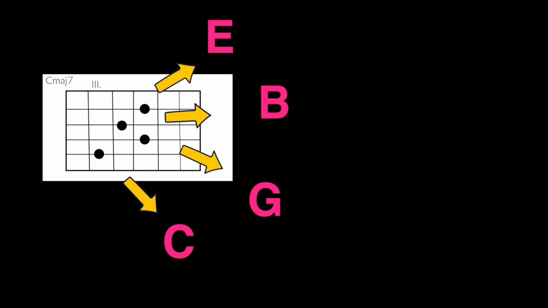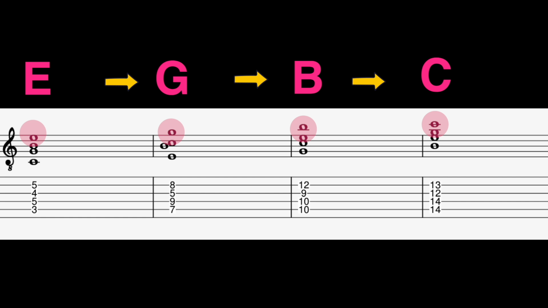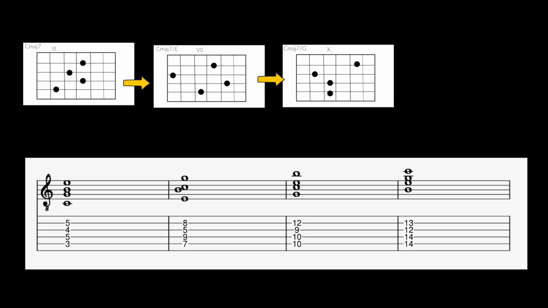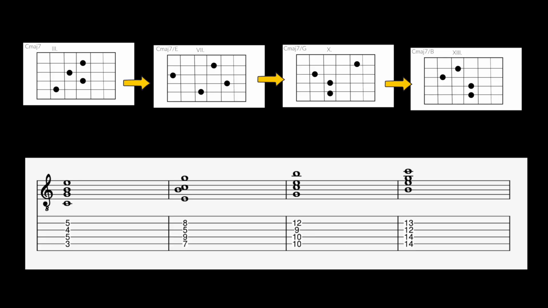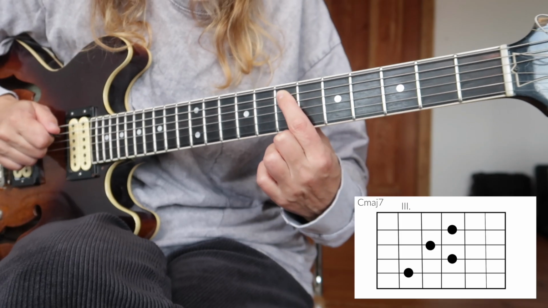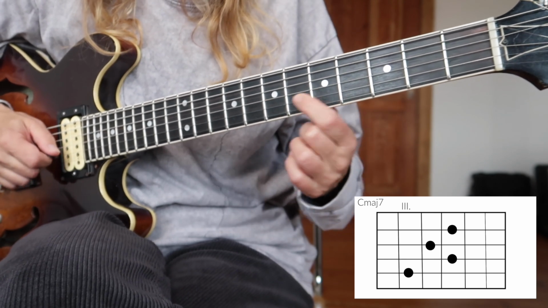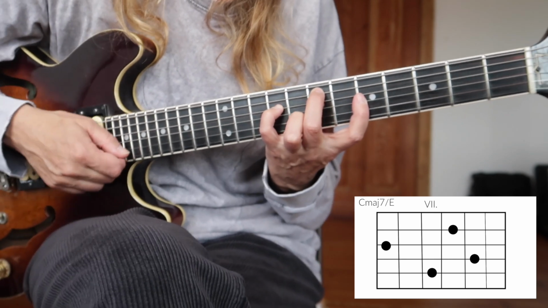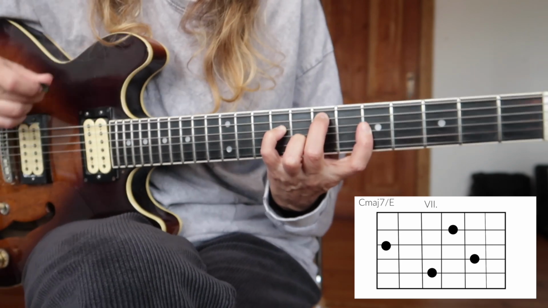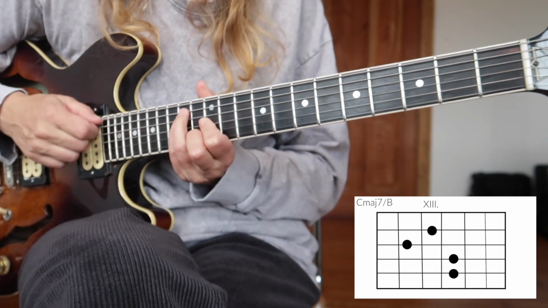So it's C, G, B and E, and then you can move each of those notes up to the next note. So the C to the E, the G to the B, the B to the C, and the E to the G, and then you come up with the next chord and you do that again and again.